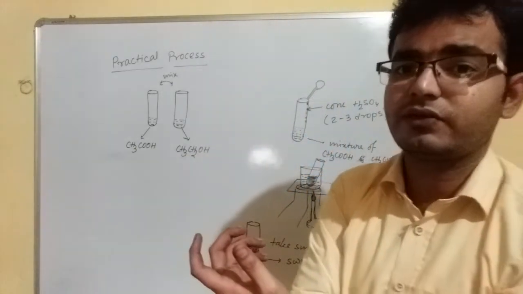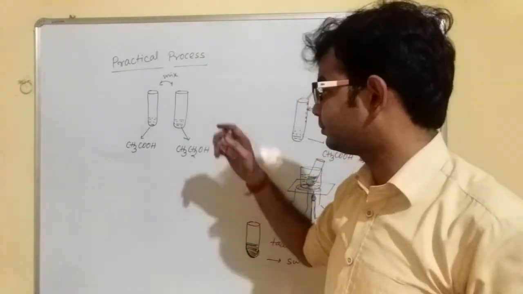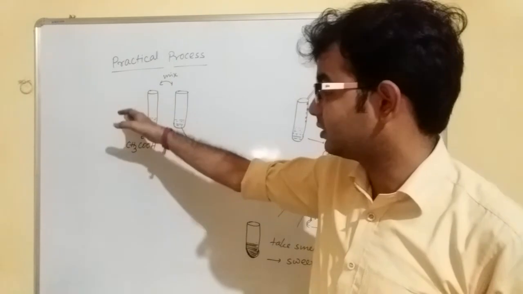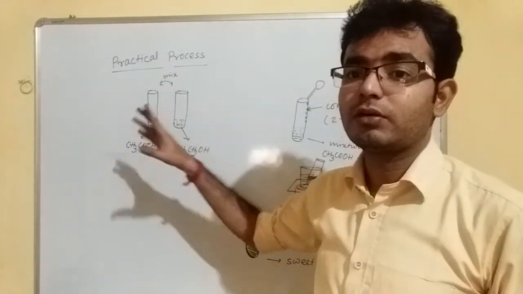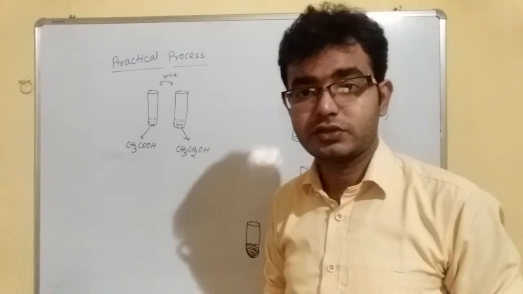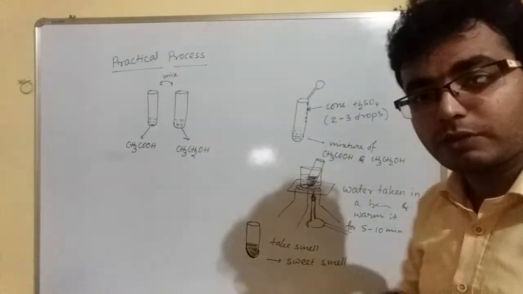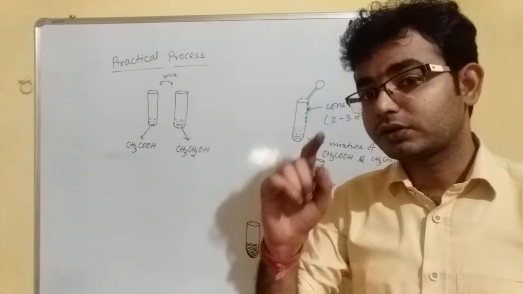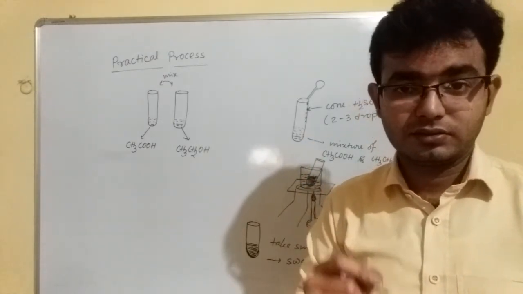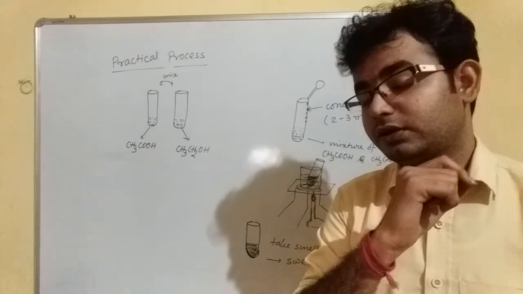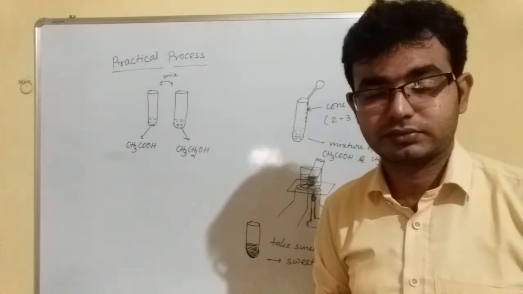How you can identify them? Okay, so first of all add ethanol in both of the test tube, then add a little amount of concentrated H2SO4 in both of the test tube, and then warm both of them. Okay, from the test tube from which you will get the sweet smell, it contain ethanoic acid.